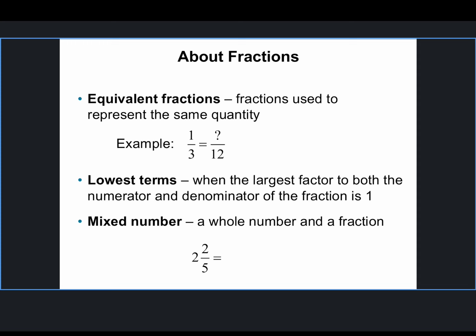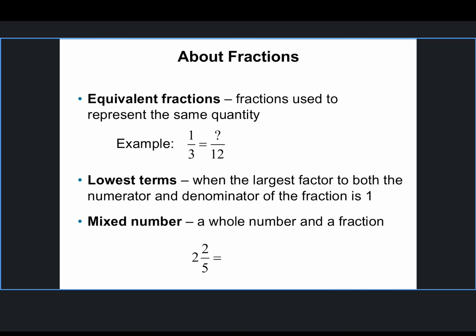Fractions that are equivalent are fractions that represent the same amount, the same quantity. So if I have 1/3, that's equal to some number of twelfths. What would it take to get from 3 to 12?